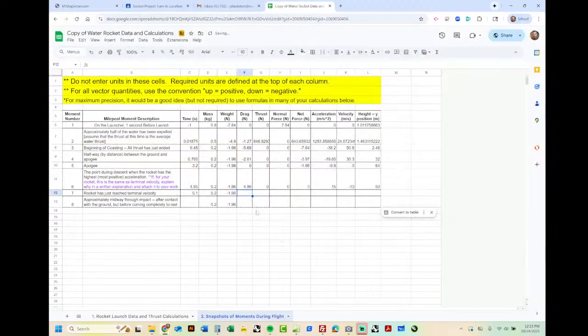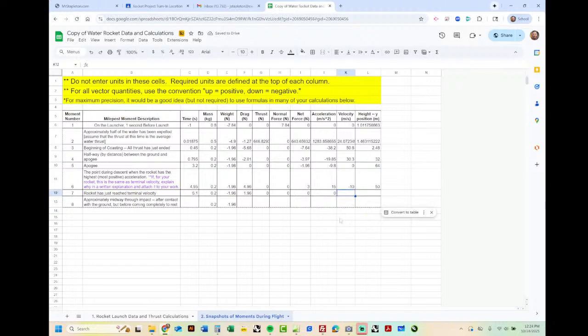And then for drag at terminal velocity, it's just going to be equal to whatever the weight is, but the positive version of that. That's how things are at terminal velocity. And there's no thrust, and there's no normal force, and the net force is 0, and the acceleration is 0.